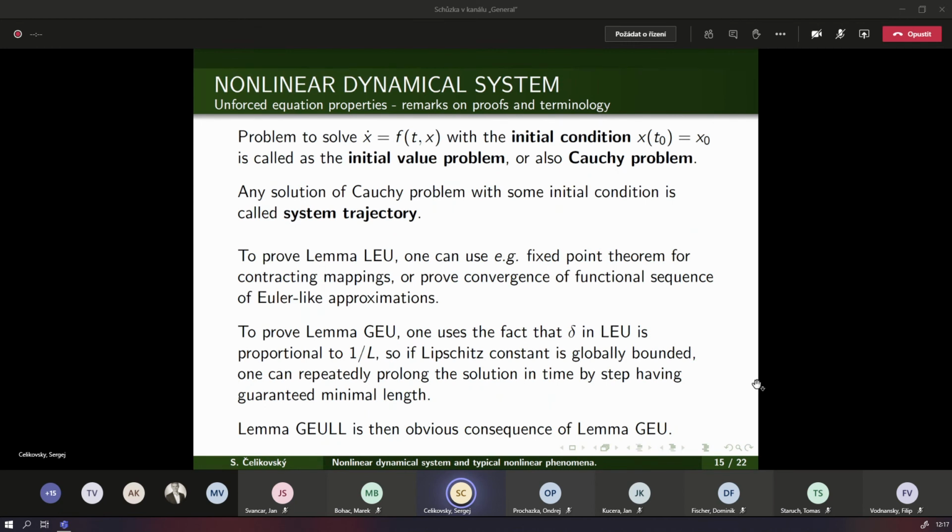Okay, so now some remarks on proofs and terminology to conclude all this previous exposition. I hope you can read it quietly again at home, and you can also read this introductory chapter in this Khalil book, in this newer one.